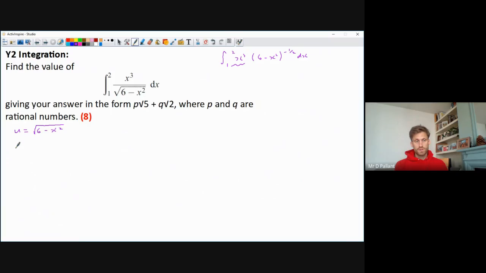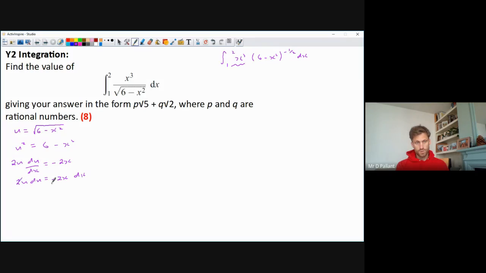So I'm going to go for, rather than differentiate as it is, I'm going to change it to u squared, and then I'm going to use some implicit differentiation to get that, and then that will give me 2u du equals minus 2x dx.